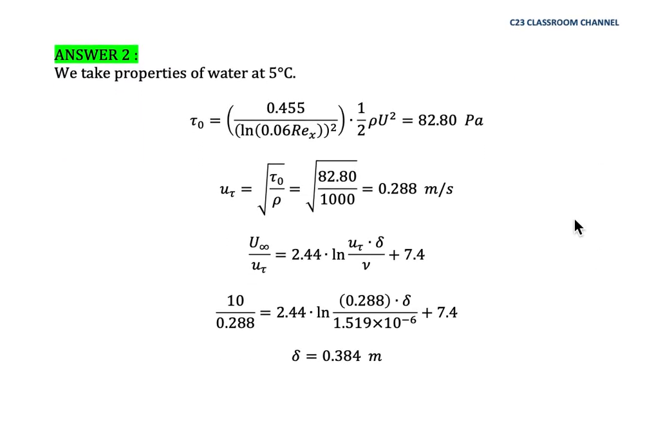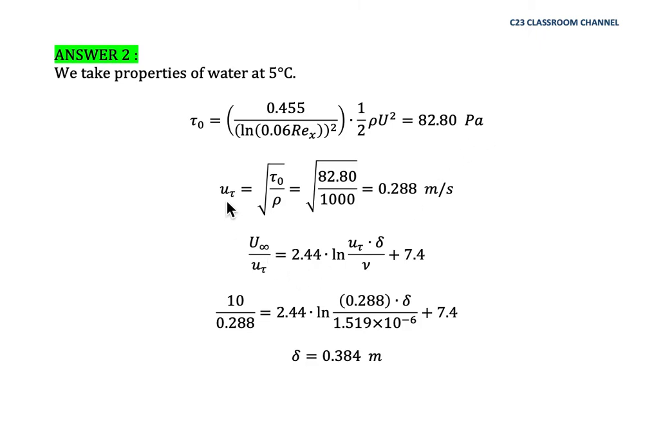Same as the previous solution, we need to calculate the value of tau. This is the value of CF, the local drag coefficient. We have tau equals CF times 1/2 rho u square, and we substitute all the values from the question. We get that it is around 82.80 Pascal.